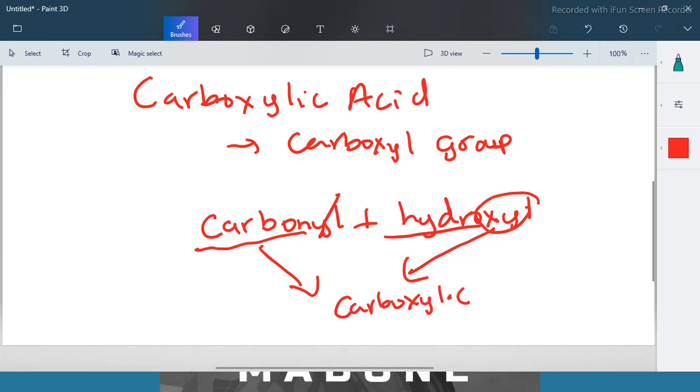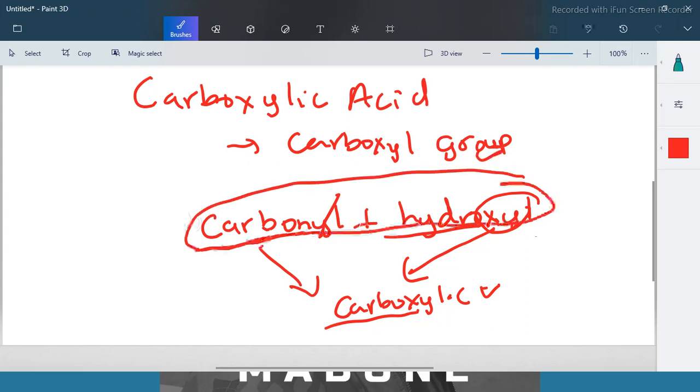So they decided to take the prefix of the carbonyl group and the suffix of the hydroxyl and bring them together. Then they came up with this name. So what I'm going to tell you is, even if you forget that this is a carboxylic group, you are allowed to say it's a carbonyl plus hydroxyl group. You are going to be given marks because this is basically a formation of a new word using the prefix and the suffix.